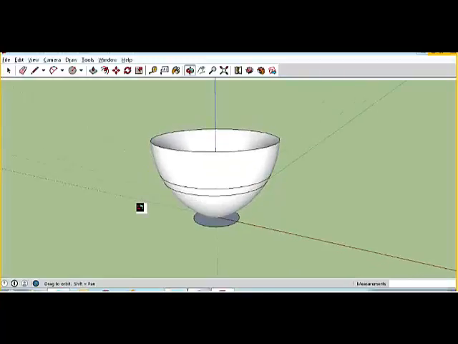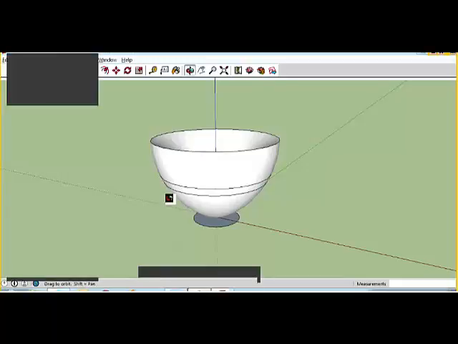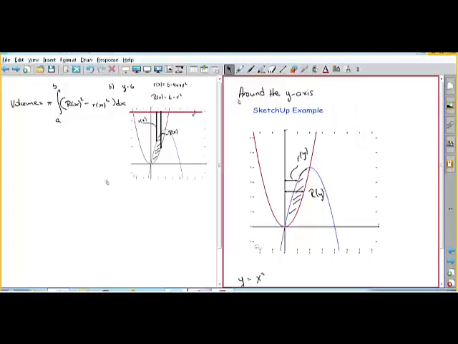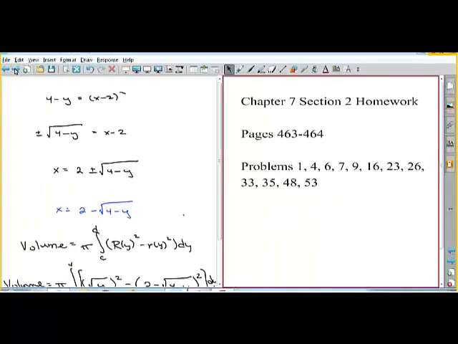So that's the shape. And again, what we've done is calculate the volume of that shape. So there's the homework problems from this section. And what we're going to do now is come back and finish this integral tomorrow.